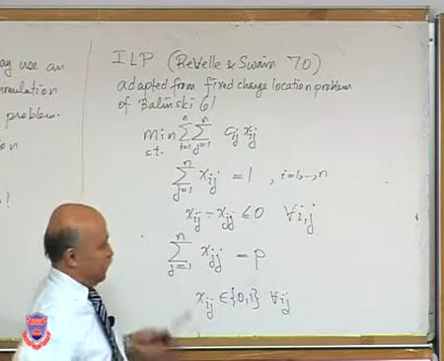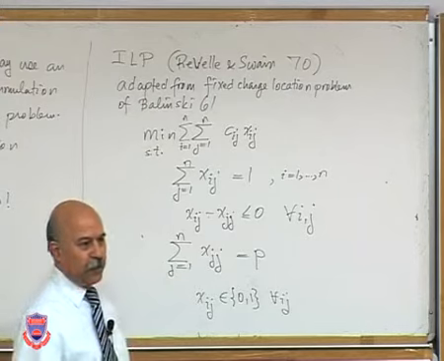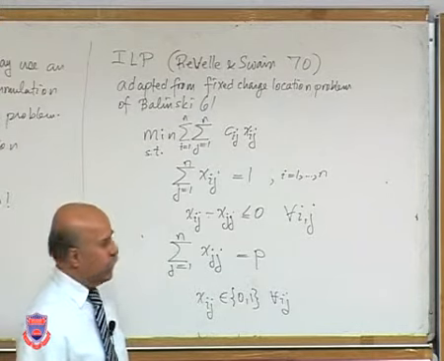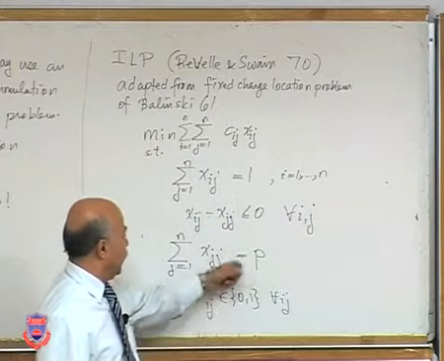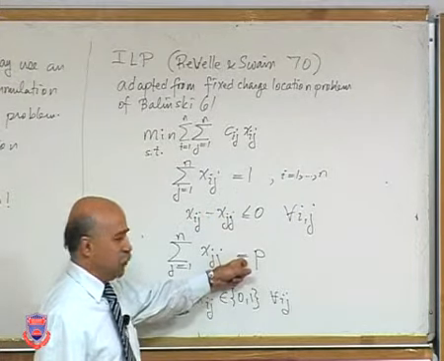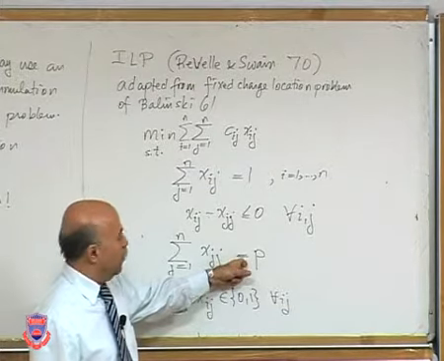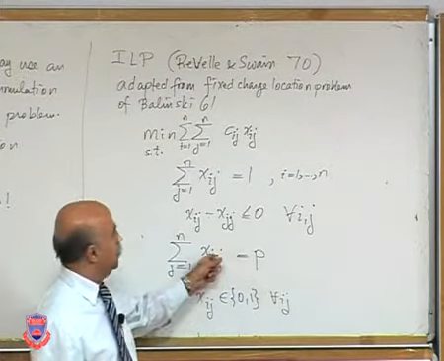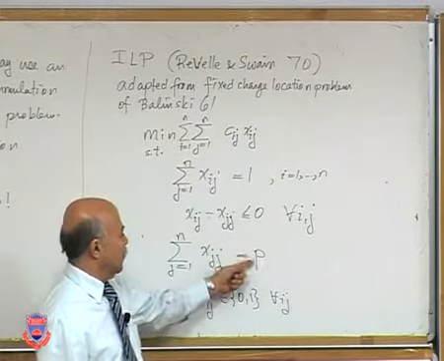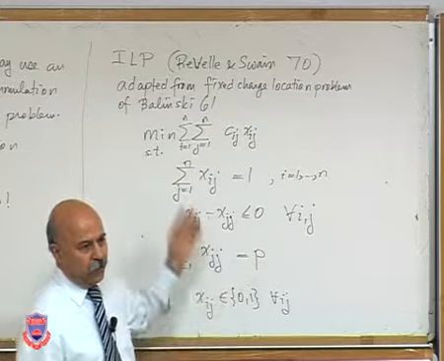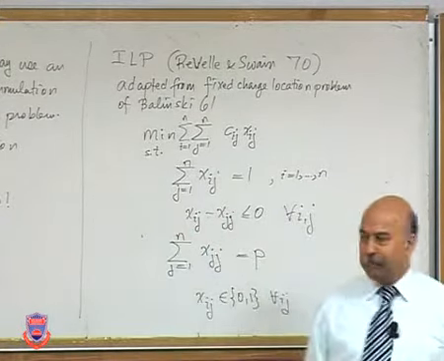Nevertheless, it does a lot of pre-processing as well as branch and cut most of the time. So having them would be good. Likewise, this one. What would you replace it with? Less than or equal. Yeah, if you can achieve a particular cost with a smaller number of facilities, fine, go ahead and do it. Why should you have extras? Okay. All right.